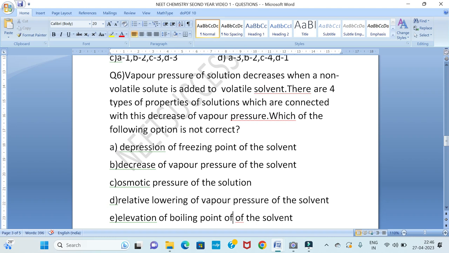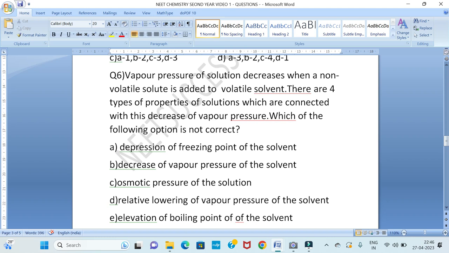Here we are seeing solution, solute. What is the difference between solute and solvent? A non-volatile solute is added to a volatile solvent. So what is the difference between solute and solvent?